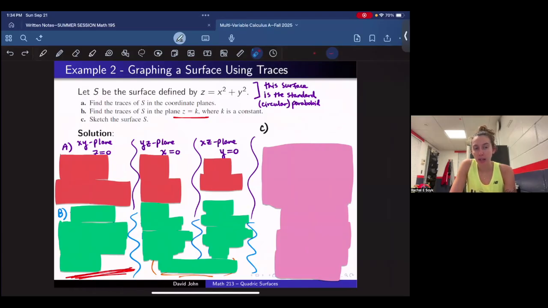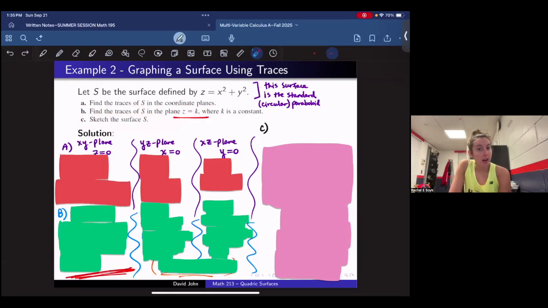But what are we asked to find? We want to find the traces of S in the coordinate planes. We want to find the traces of S in the plane z equals k, where k is a constant. And then last but not least, we want to sketch this surface S, this paraboloid.